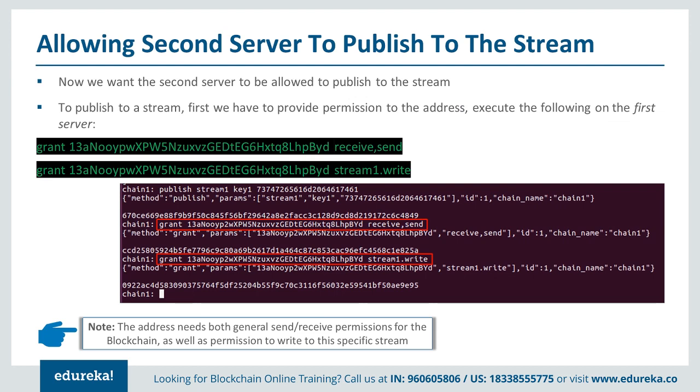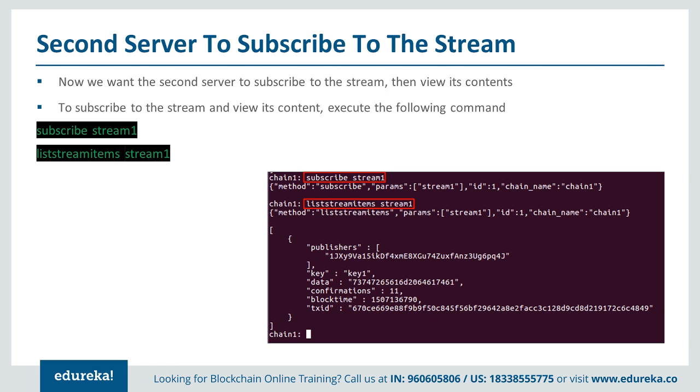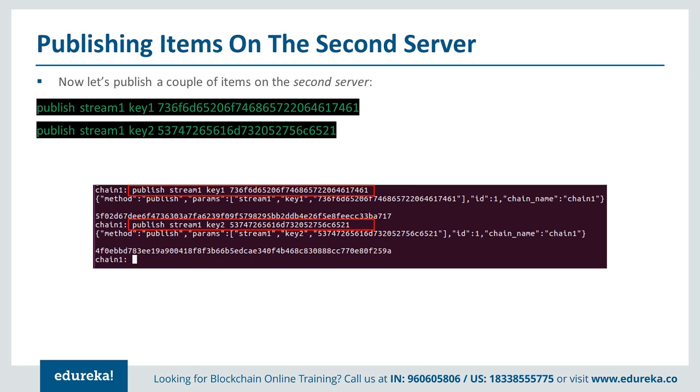What you will need to do is give the stream.write permission from the first node before the second node can actually write to this stream. If you give this permission to the second node, then it can write to this stream and publish other keys and any value to it.